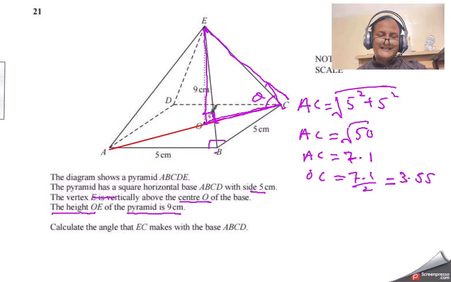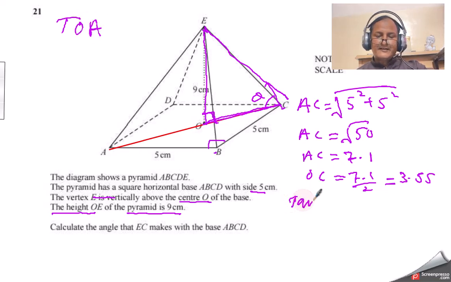Tan is basically opposite over adjacent. Then tan theta has opposite 9 by 3.55, so theta equals tan inverse of 9 by 3.55.